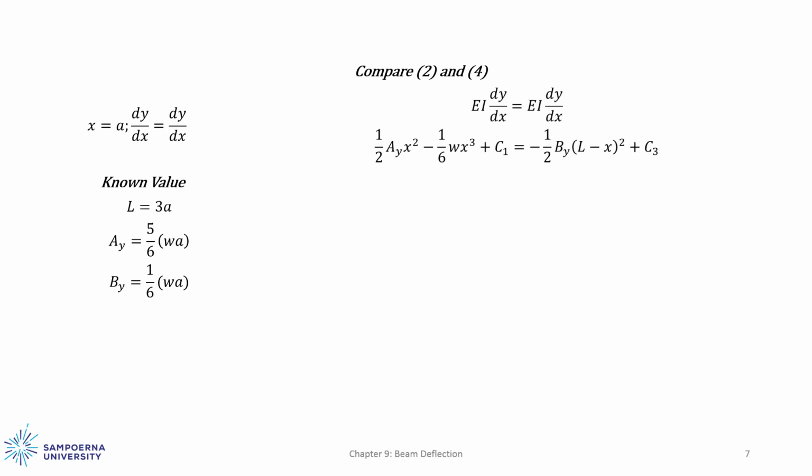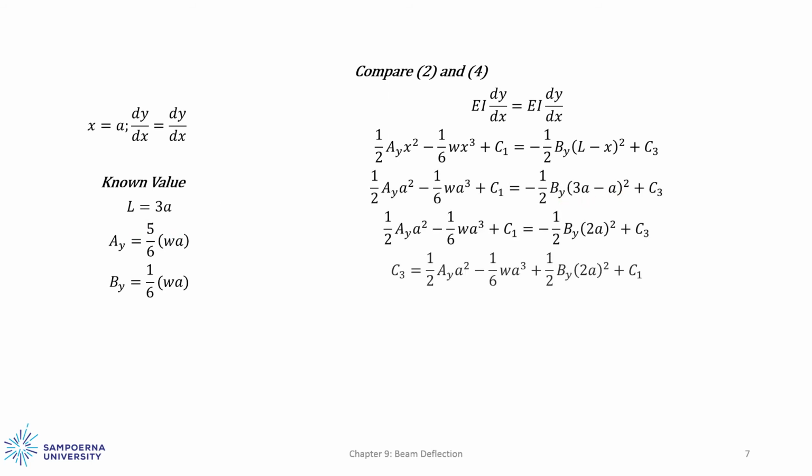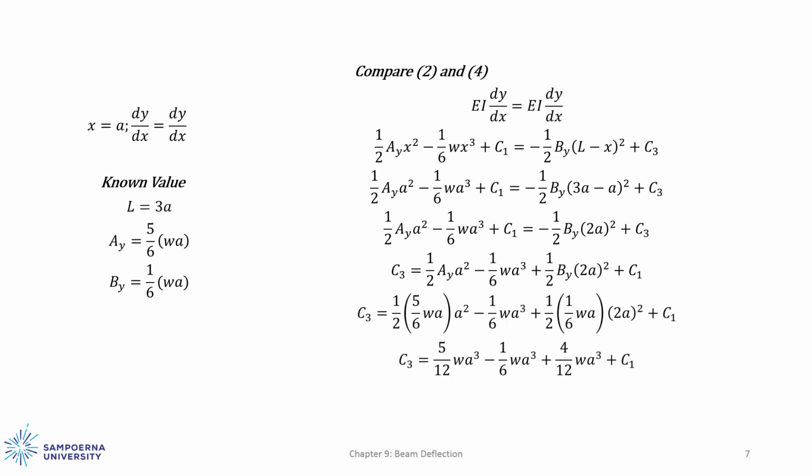Next, we could solve the unknown. We know here that L is equal to 3a, so we could substitute L with 3a. Then we know Ay and By are this. So we could simplify the equation into this, and we get C3 here is equal to this.